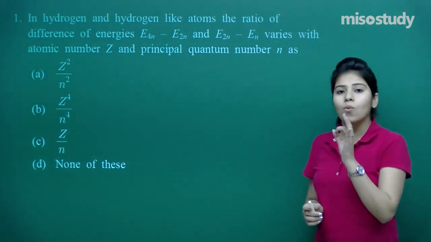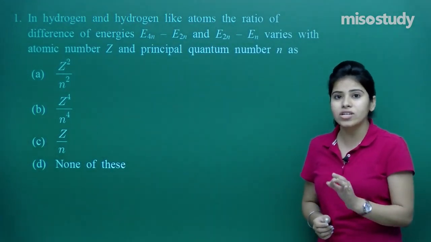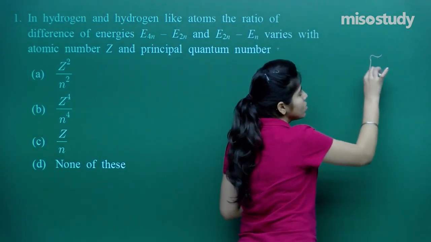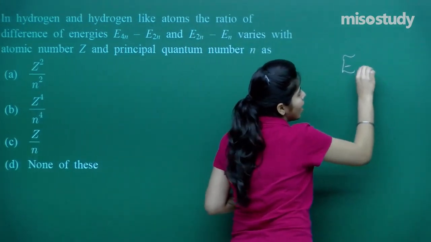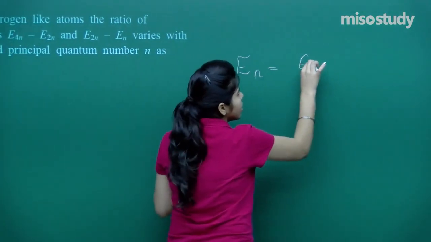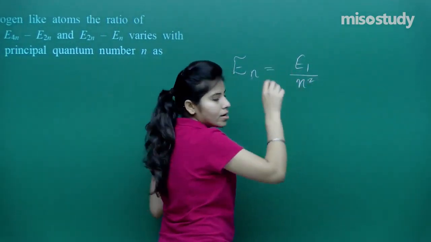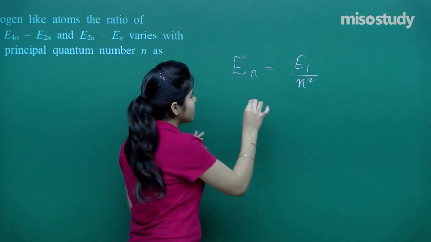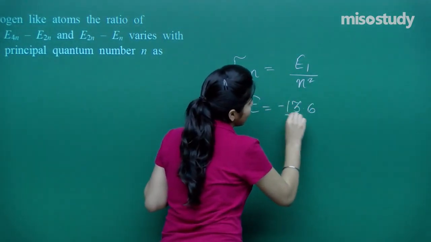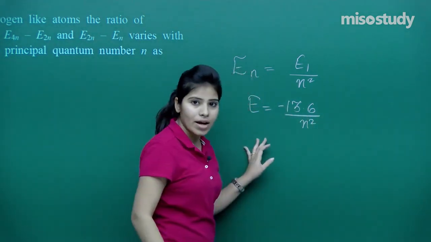We have read one important formula of energy in this chapter. If I write it in the form of En, that will be En equals E1 upon n square, isn't it? We were writing E equals minus 13.6 by n square, right?